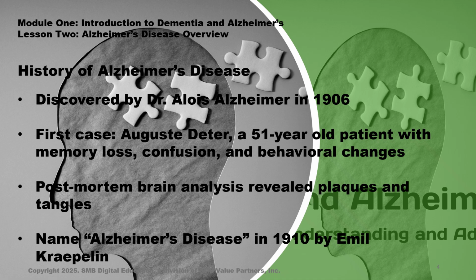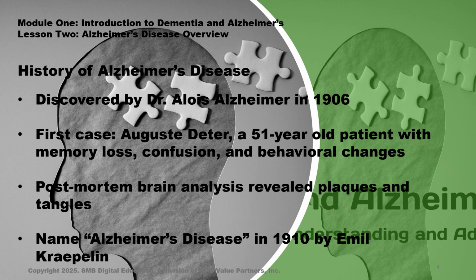The story of Alzheimer's disease begins with Dr. Alois Alzheimer, a German psychiatrist. In 1906, he studied a patient named August Dieter, who exhibited severe memory loss, confusion, and behavioral changes at just 51 years old.